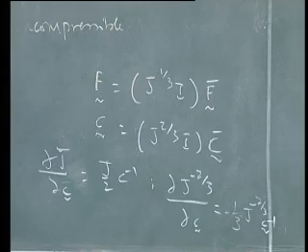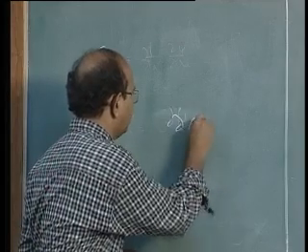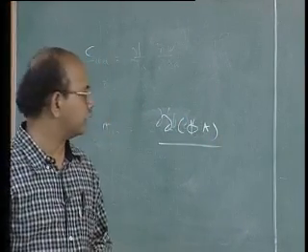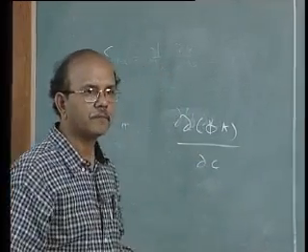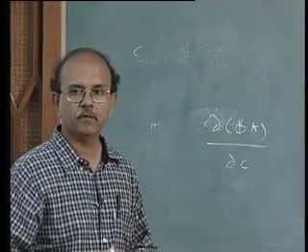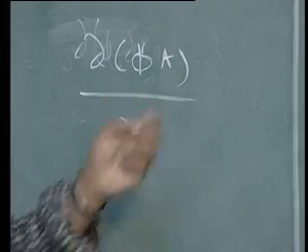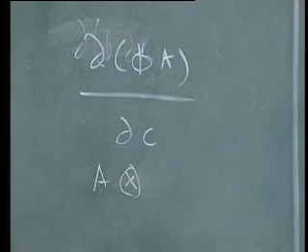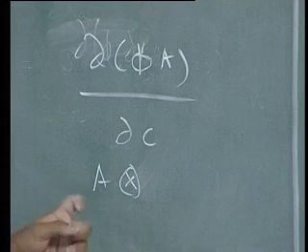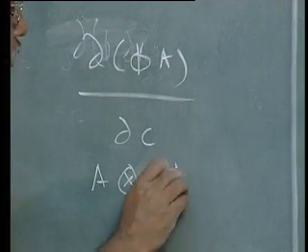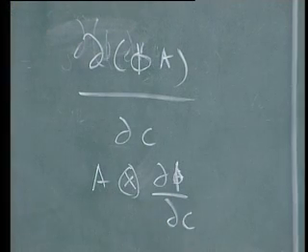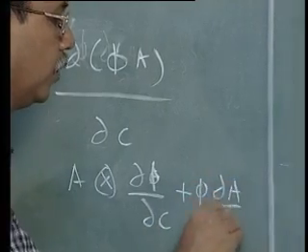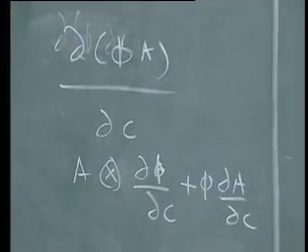Suppose I have dou of phi A, where phi is a scalar quantity and A a vector quantity, by dou C. How do we write down this differential? Dou of phi A is written as A dyadic dou phi by dou C plus phi dou A by dou C. Of course, these are second order tensors.